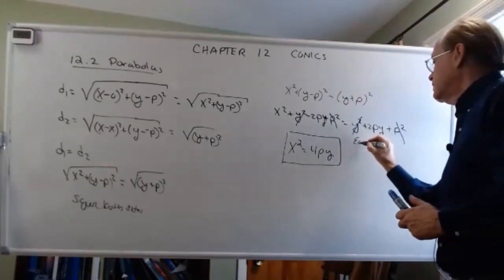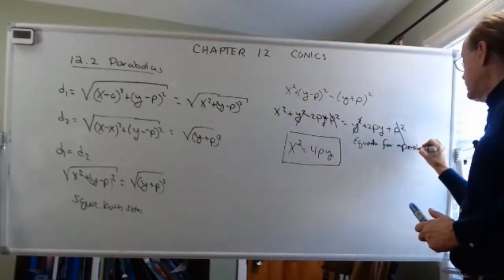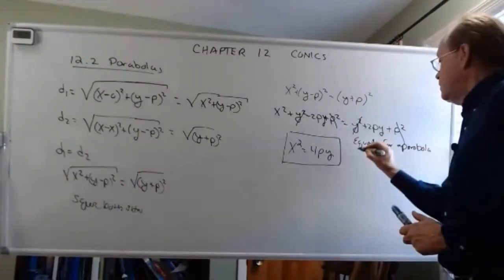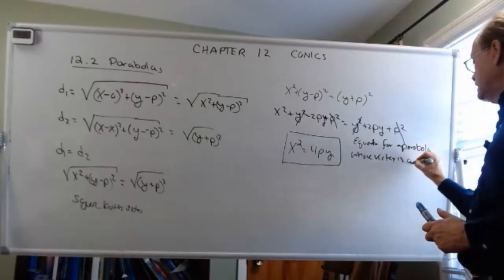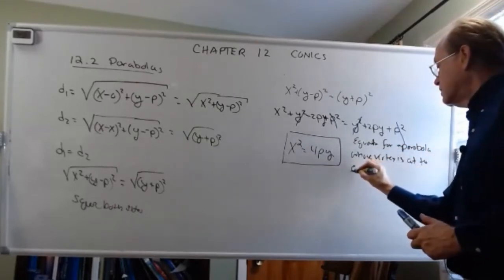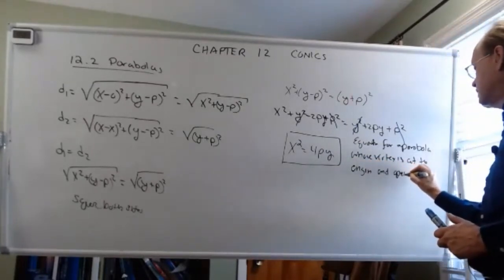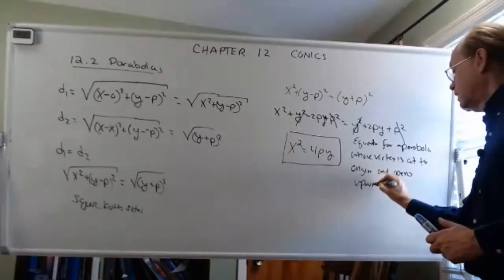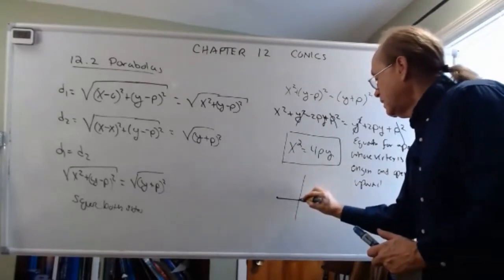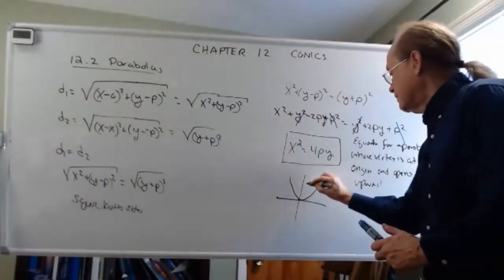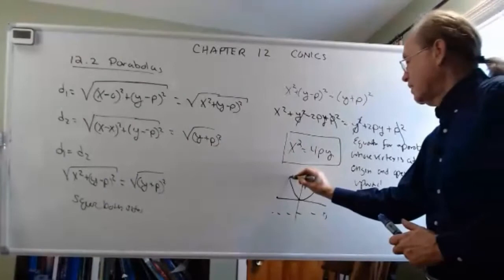This is an equation of a parabola whose vertex is at the origin and opens upwards. So again, we draw that picture. Here's my p-value, and here's my directrix. And it opens upwards.